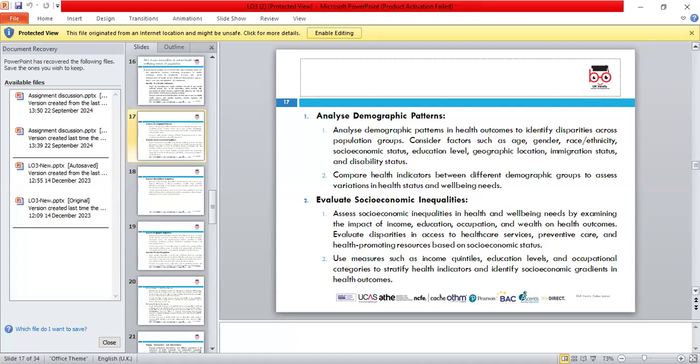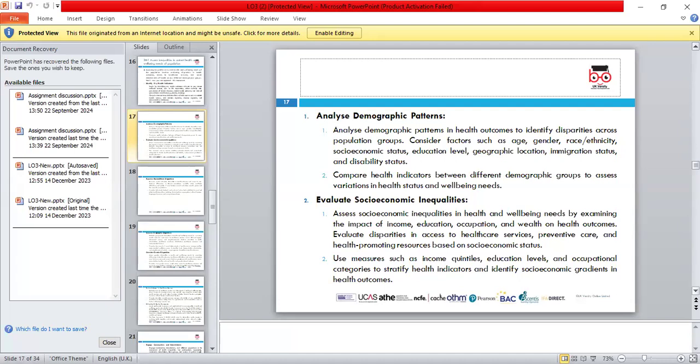Evaluate the disparities in access to healthcare services, preventive care, and health-promoting resources based on socioeconomic status. Use measures such as income quintiles, education levels, and occupational categories to stratify health indicators and identify socioeconomic variance in health outcomes.